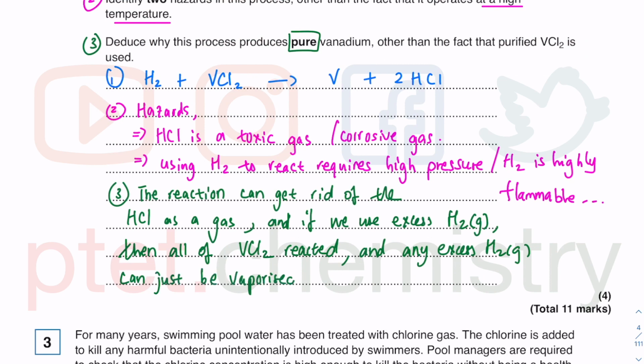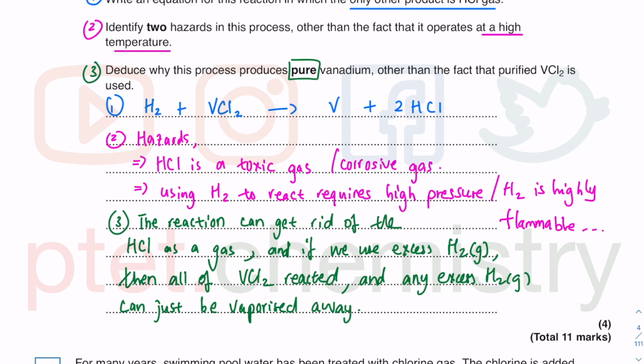So as you just allow it to escape, you don't need to separate out the reactants from this reactant which is completely reacted. This is going to be a solid metal, and you don't need to separate the solid metal from the gas, because you can just let the excess H2 escape, to be honest.